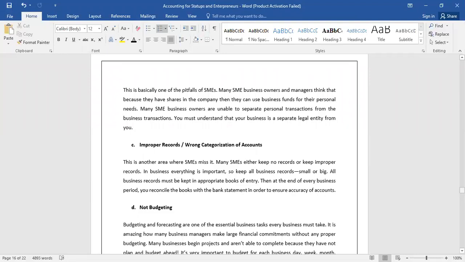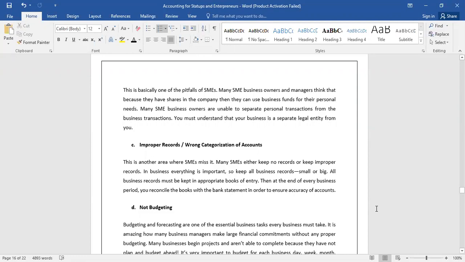Even if you take money from the business, you should be able to pay back the business that amount of money, because the end result is that you are going to spend the business money and you might not be able to see whether you're making a profit or a loss.